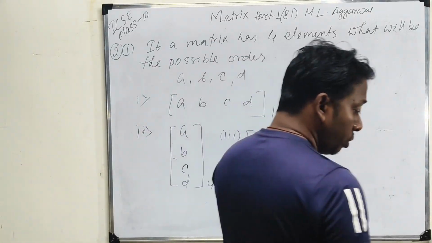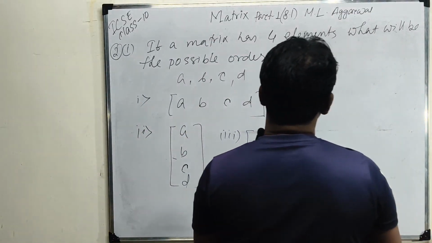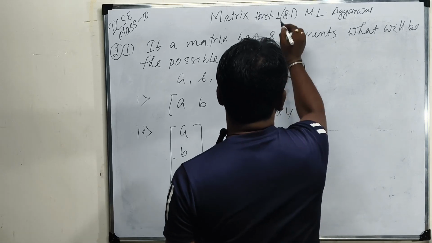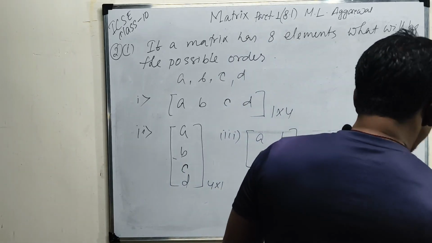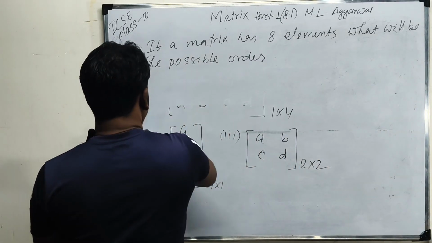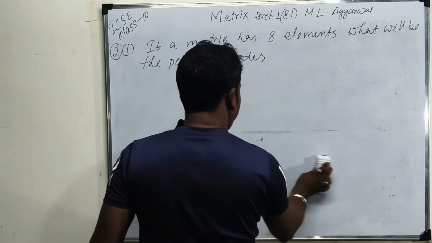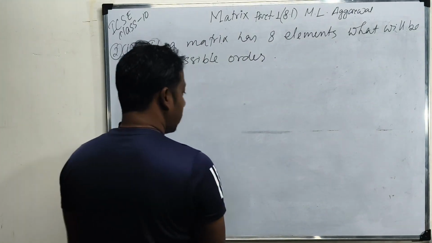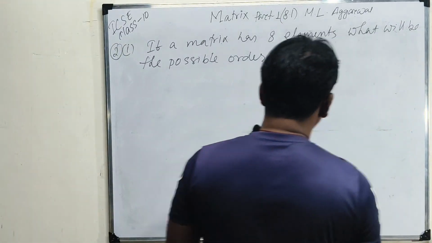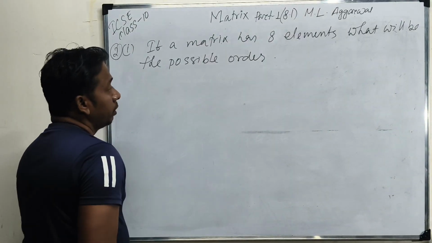So the next question is, what will be the possible order of a matrix with 8 elements? I am not going to write the elements of the matrix.